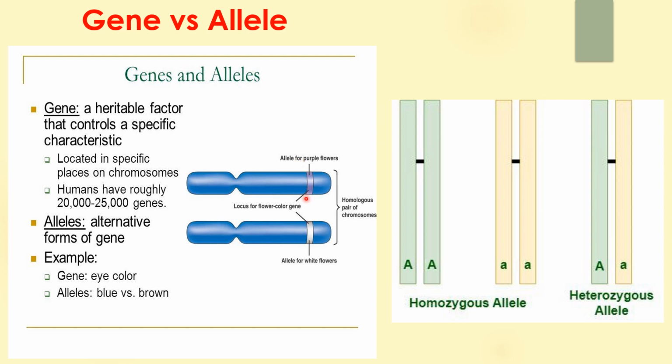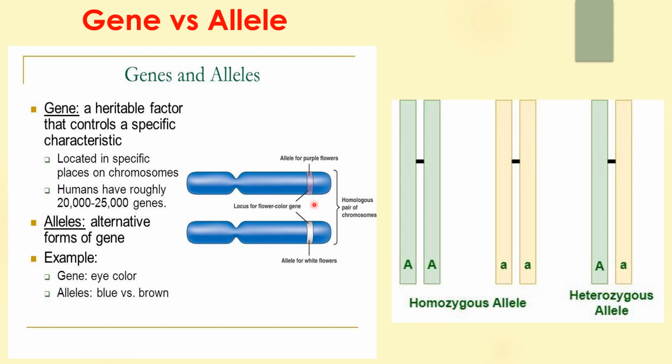So what is an allele? Alternative forms of genes. That is, variants of genes. Genes are made up of alleles. That is, two alleles make up a gene. Okay. So here, for example, is the allele for purple color, and this is the allele for white flower. If the allele for purple color is dominant, then the resultant flower in the next generation will be purple colored.